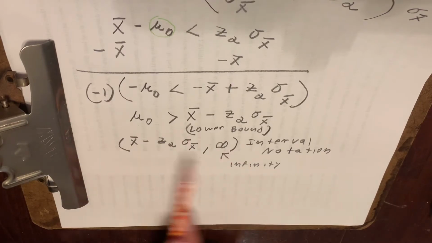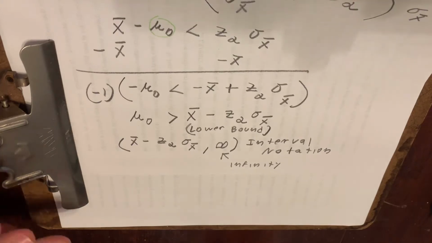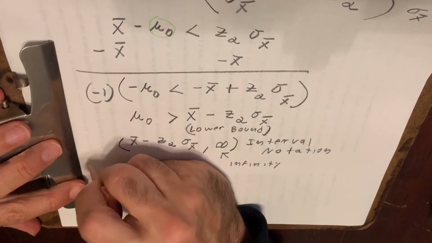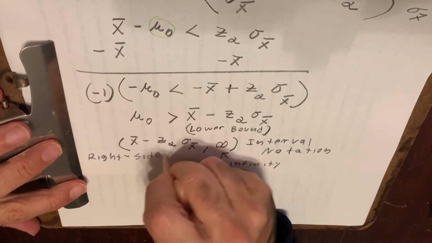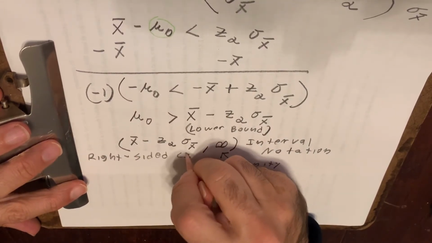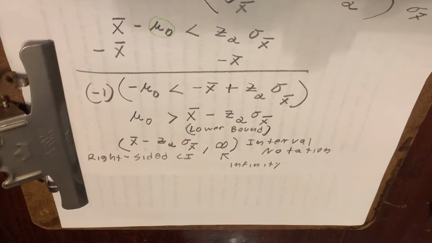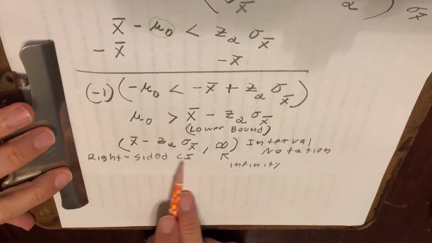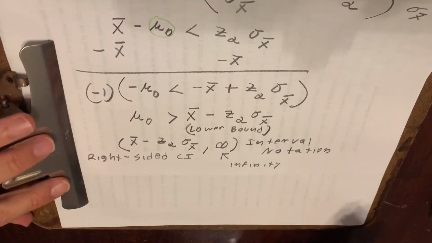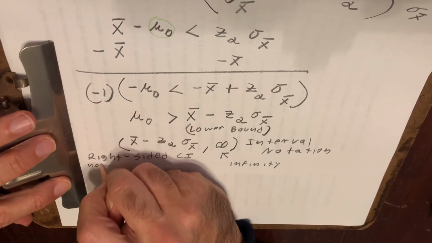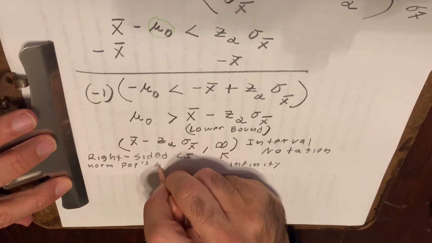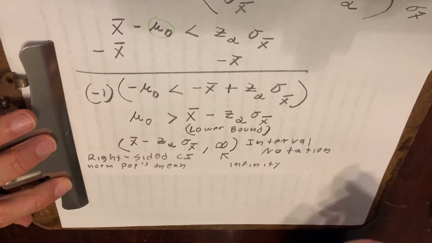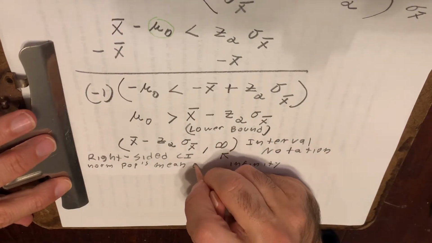And this is the formula. This here is the right-sided confidence interval for a normal population's mean with the standard deviation known, sigma known.